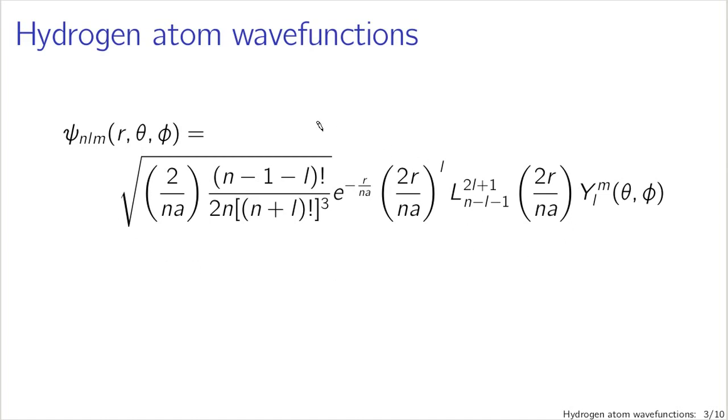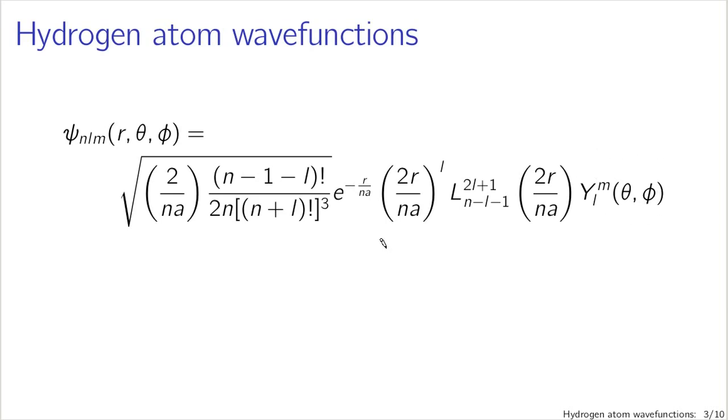And we end up with some complicated normalization constants. Normalization constant out front, then we have our asymptotic forms for our radial function. The actual meat of the radial function is this associated Laguerre polynomial with various orders. And the angular part is given just by our spherical harmonics.